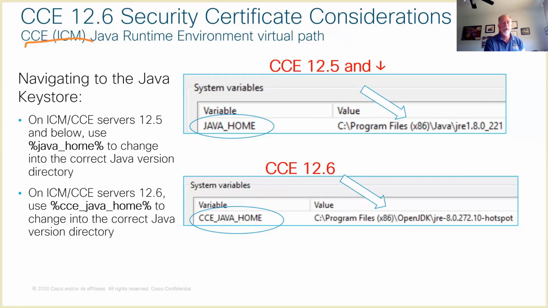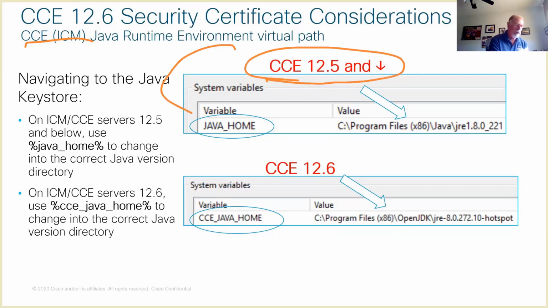If you were to go take a look in Windows at your system variables, what you would have noted in 12.5 and below is that Java and Cisco is included for you. Basically a system variable of JAVA_HOME. And as we'll show you here, when you go to navigate the key stores and do your keytool administration work, you use this Java home folder to your advantage.